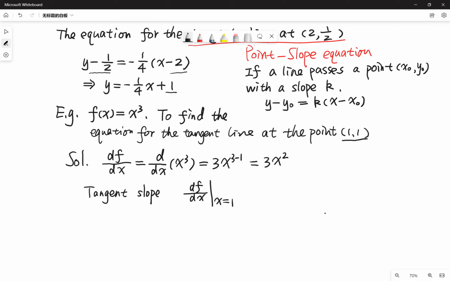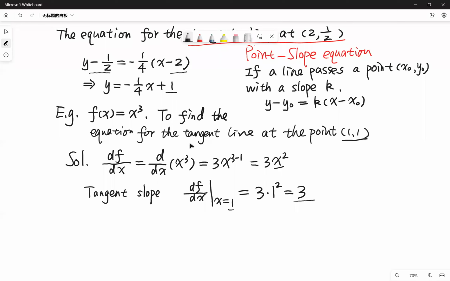We replace x by 1, so it's 3 times 1 squared, equal to 3 here. Thus, we know the tangent slope is 3, right?